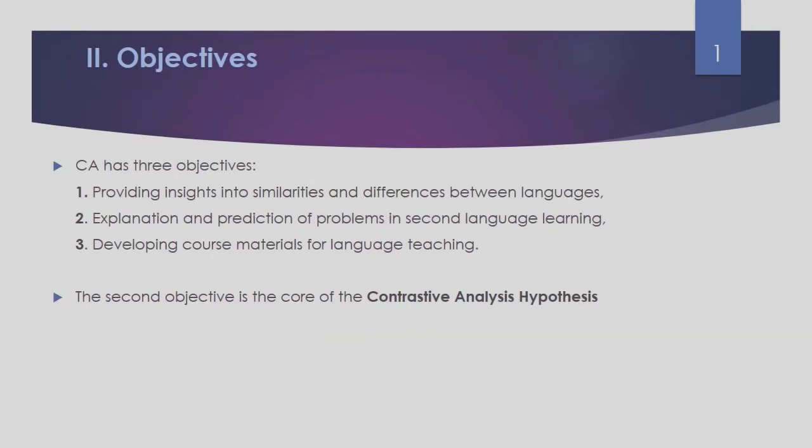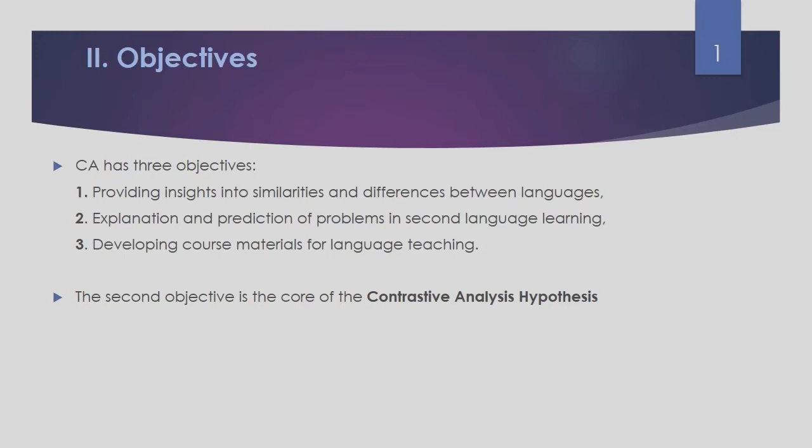The contrastive analysis approach has three main objectives. The first one is providing insights into similarities and differences between languages. This is the starting point to find the similarities and the differences between languages at all levels. The second objective is the explanation and the prediction of problems in second language learning.